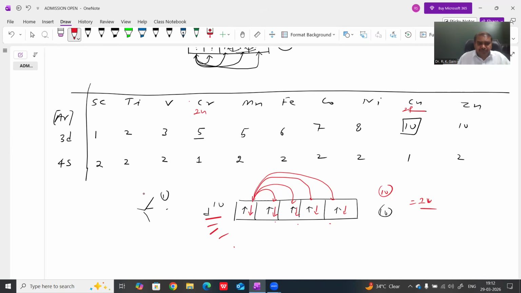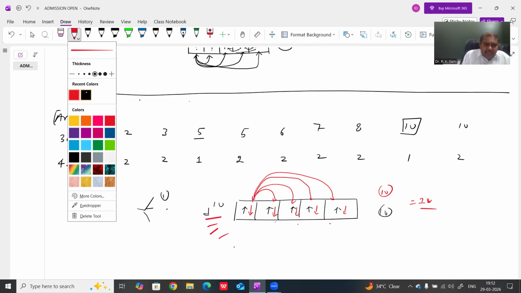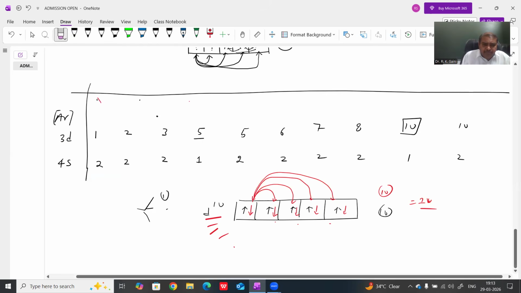The 4d series. The elements of the 4d series are the following. The first element is yttrium, atomic number 39.